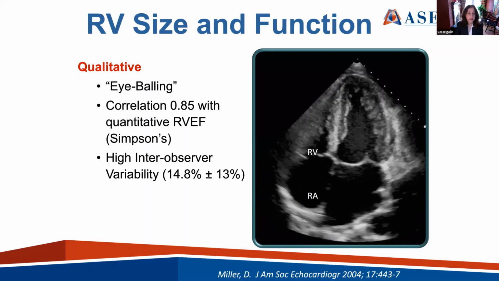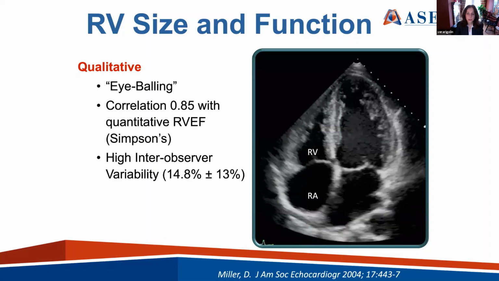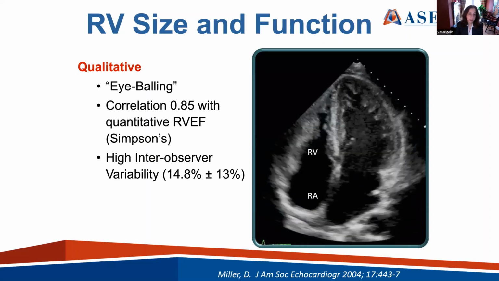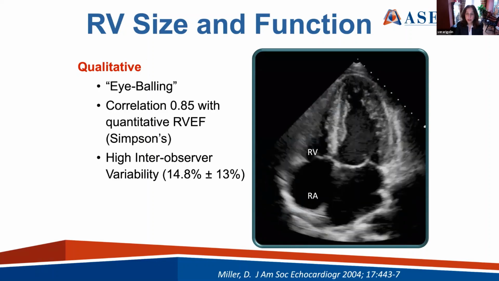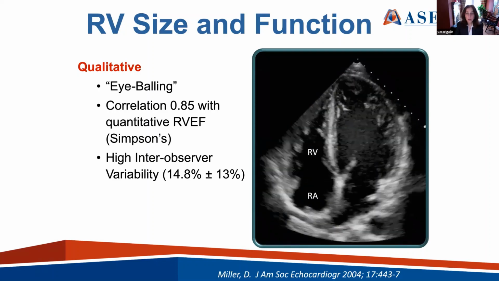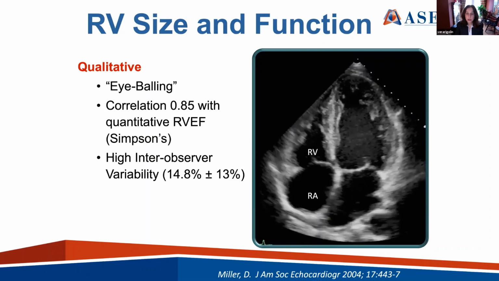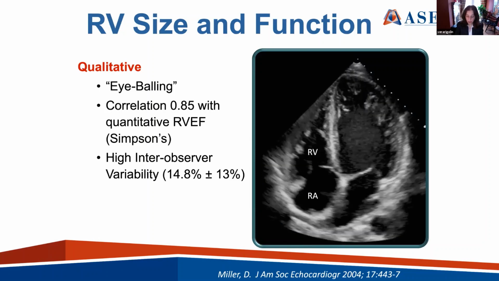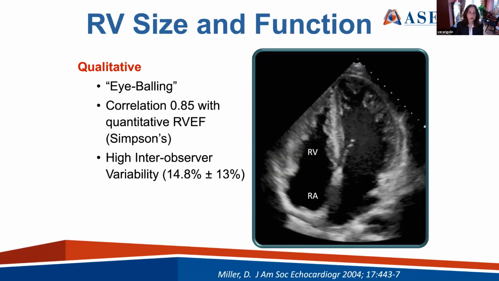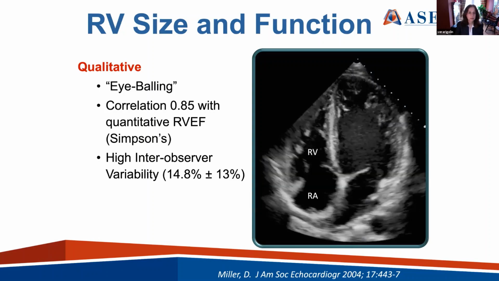But it has a high inter-observer variability, about 14 plus or minus 13%, which is fairly high. So again, we can use the eyeball method as a confirmatory tool and to give a general idea of what's going on, but quantitative parameters are certainly important.